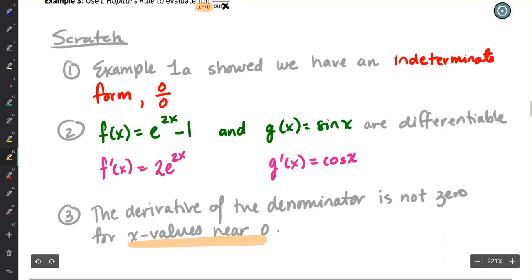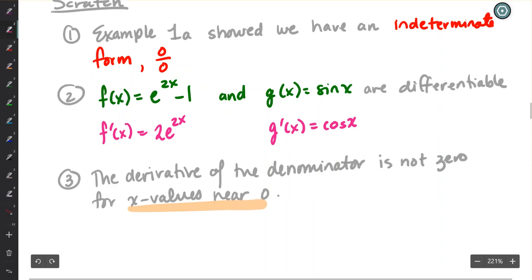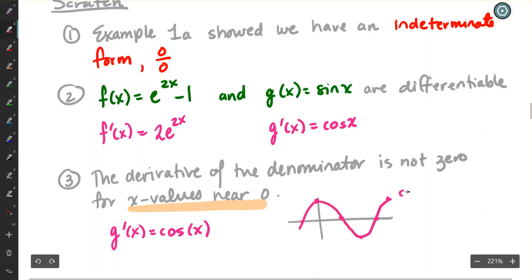And that's definitely the case. G prime of x is cosine x, and x values near 0 on the cosine function map to y values near 1. Draw our little cosine. Here's your cosine function.